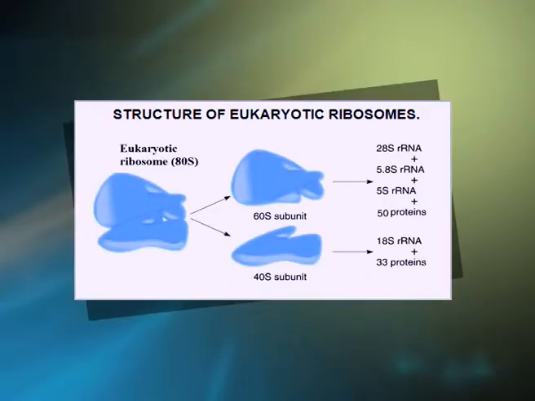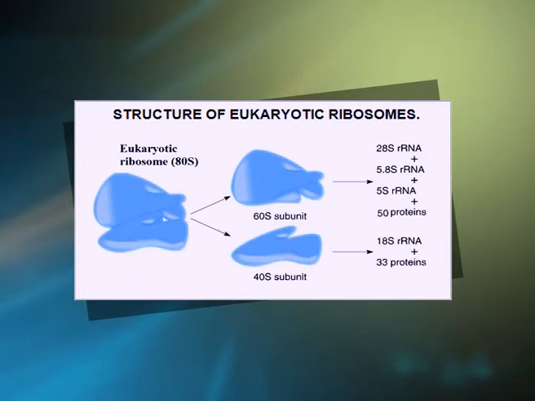The eukaryotic ribosome is composed of 2 subunits, a large subunit 60S and a small subunit 40S. The 60S subunit is composed of the 28S rRNA consisting of 3354 nucleotides, 5.8S rRNA consisting of 120 nucleotides, 5S rRNA consisting of 154 nucleotides and 50 proteins.